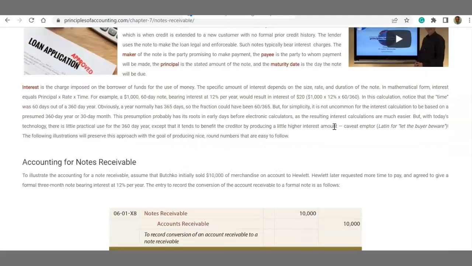To calculate the interest, you calculate the principal times interest rate times time period, which is, let's say, 60 days out of 360 in a year. And that gives you, let's say, $20 of interest.